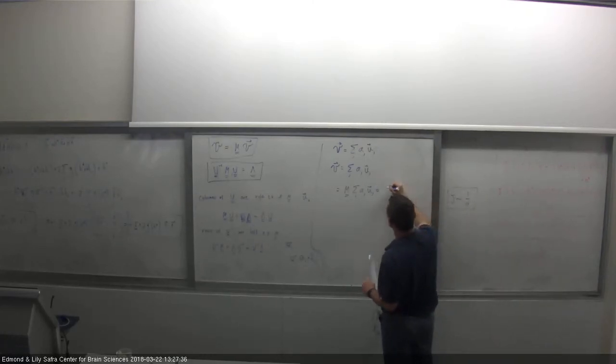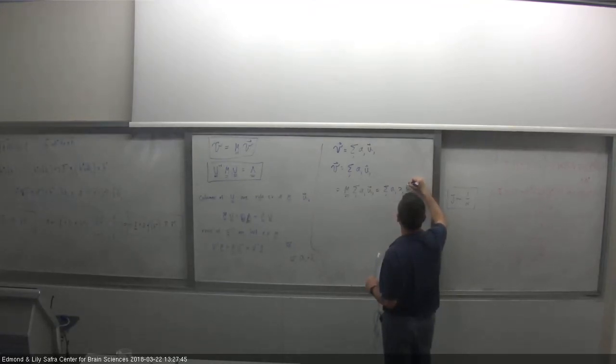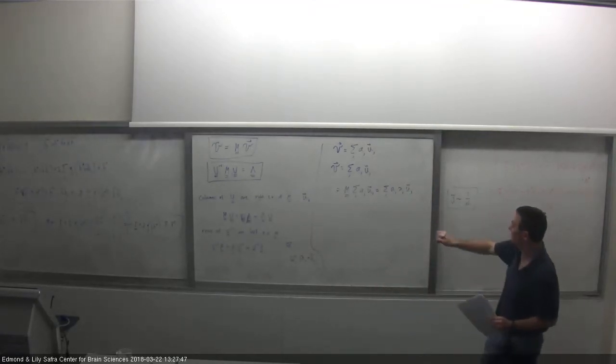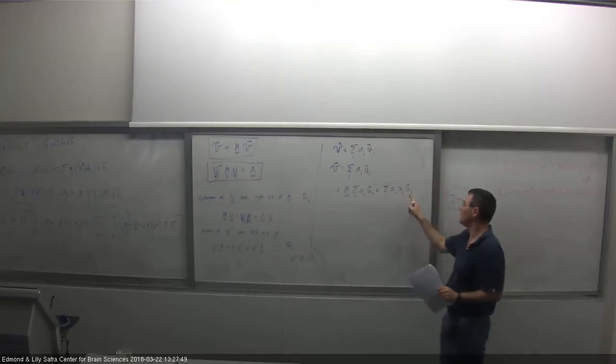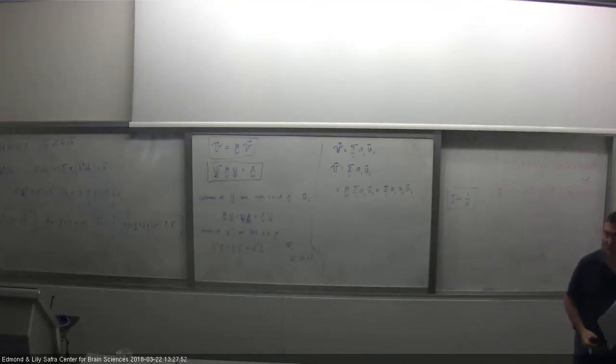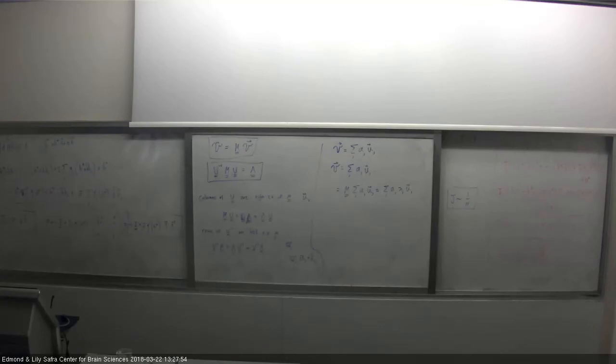Which is equal to sum over j aj lambda j uj. This is because M times uj is equal to lambda j uj. Why is this helpful?